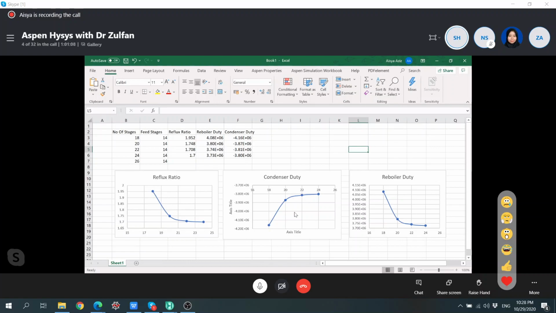Because energy is cheap, we just design it very short, and they don't really care about the reboiler duty. It's cheap anyway. So I think you need to go after this COVID, travel to Europe, travel to the US, and prove to me whether I'm wrong or right.